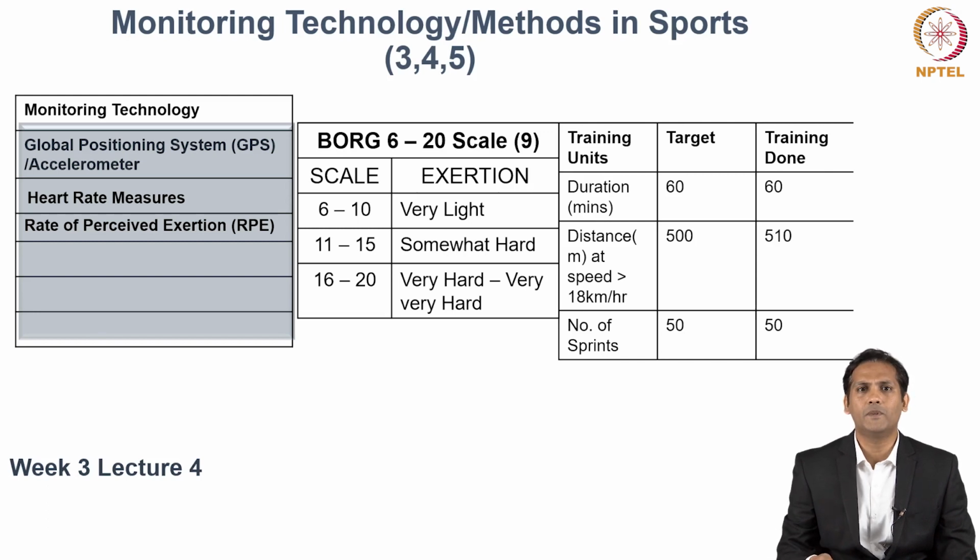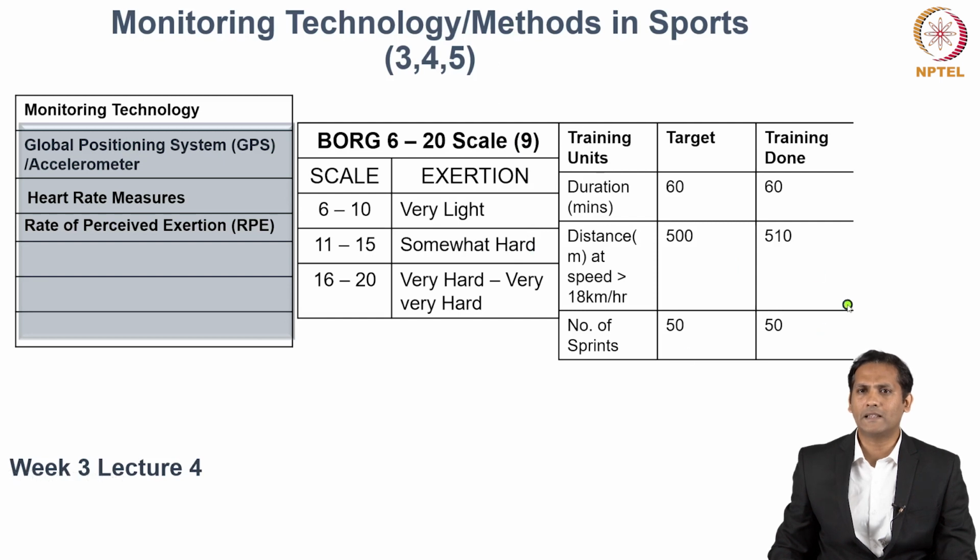We describe the training intensity or the training responses by using the Borg 6 to 20 scale, where 6 to 10 stands for very light exertion, 11 to 15 stand for somewhat hard exertion, and 16 to 20 stands for very hard to very hard exertion. When you use this scale, you have to ask the athlete one question: what is the exertion of your training session?